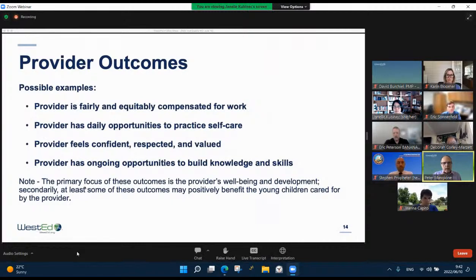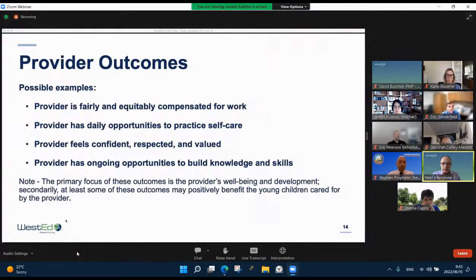We know that. I think self-care is very important. When we think about the work of someone working with young children, what research shows us, and Carolee Howes's research at UCLA has been very important in this regard, is we need our early childhood workforce who are working with young children to be able to make, as part of their job, an emotional investment in the children they're caring for and the families they're connecting with and supporting.